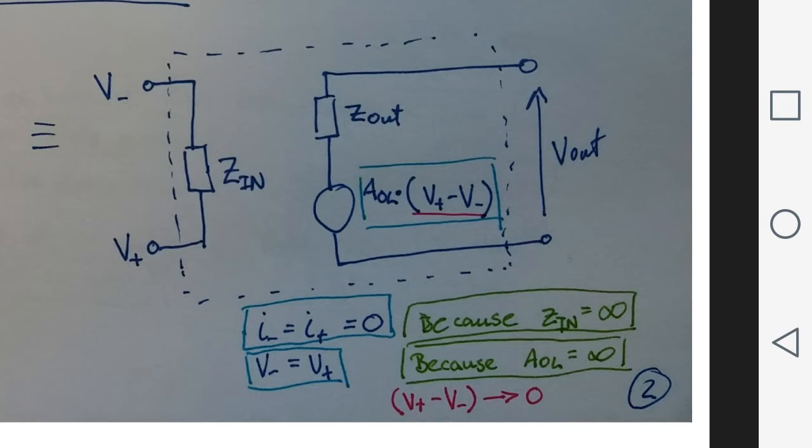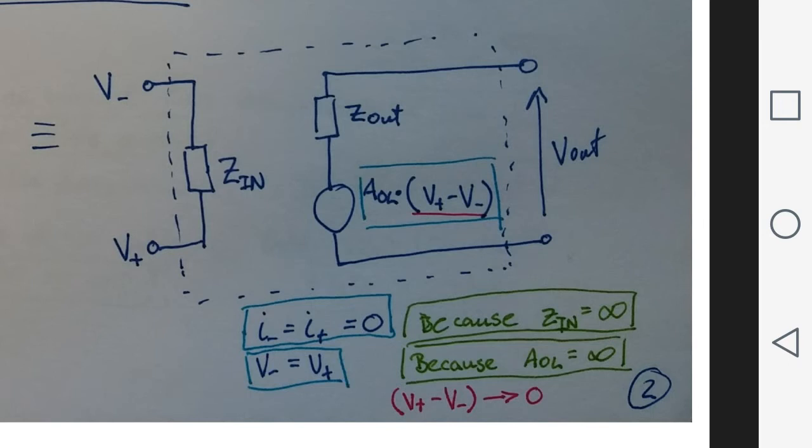Now, in this model you have the inverting input V minus and the non-inverting input V plus on the left side, and between them you have the input impedance, which, as said before, you want to be infinite so that there is no current flowing between those two inputs, and thus the potential of both these inputs would be the same. There should be no potential difference between them.